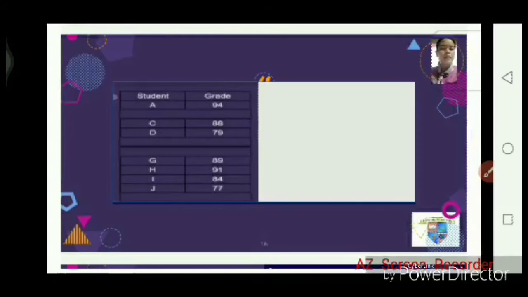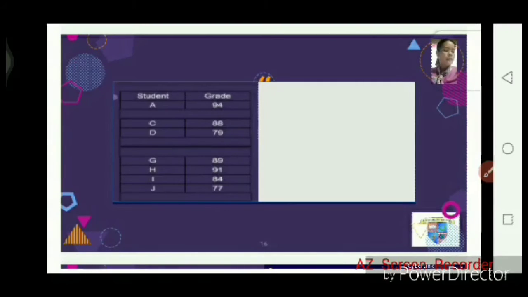Here is the example. There is a list of students, and then the list of their grades. Student A, 94, student C, 88, student D, 79, student J, 89, student H, 91, student I, 84, and student J is 77.